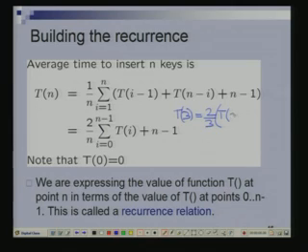T of 2, which is non-zero, so let me leave that around, plus n minus 1, with n equals 3, so 3 minus 1. T of 2 was 1. So, this becomes 2 over 3 plus 2, which is 2.66, which is exactly what we computed. Yeah, but you can now use this recurrence to compute any T of i.